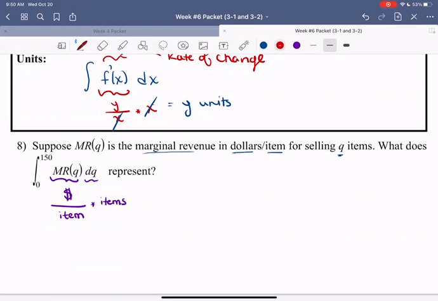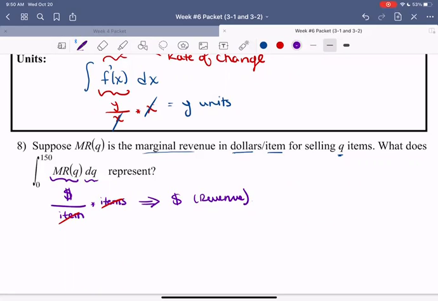So our units here become just revenue. And when we're computing an integral or adding up the area under a curve between two input values, what we're computing is the net change over that interval.